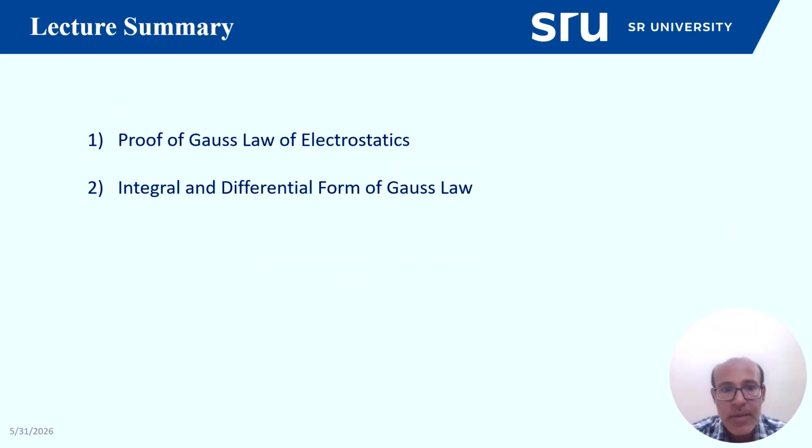This is the lecture summary of what we have seen till now. We have seen the proof of Gauss law of electrostatics, how phi is equals to q by epsilon naught. Mathematically, we have seen apart from the statement, and also we have converted that mathematical form of Gauss law of electrostatics into the integral and differential form.